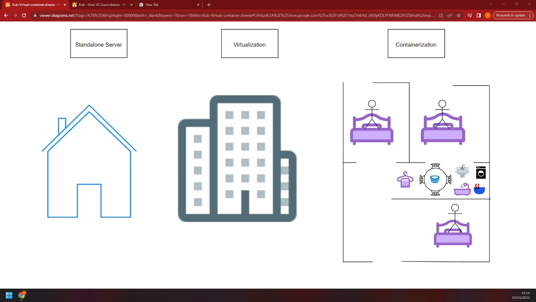So all this being said, all you have to think about is what kind of application you have. These days, all applications are designed in a way where they are easily movable. So you need to host your application in a way that even the hosting service, like the container, can be easily moved, rather than virtualization, because you need more resources, more overhead, and it has less flexibility compared with containerization.